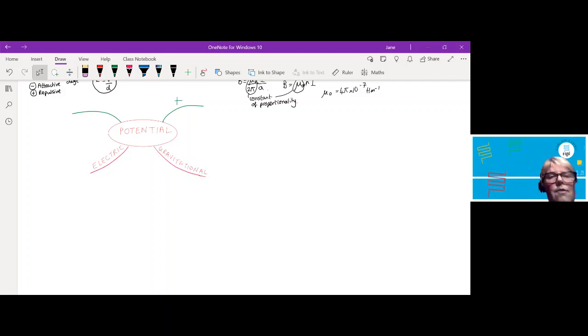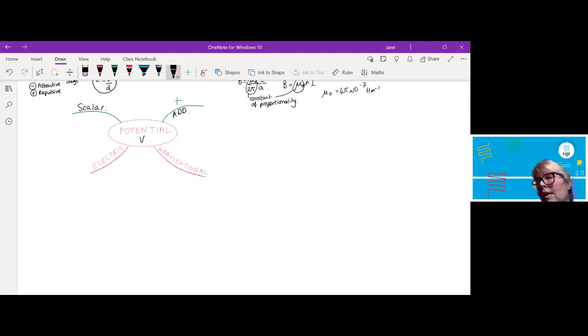Now potential is given by V. This is a lot easier than forces and fields because it is a scalar quantity, which means we can just add, and don't have to consider direction with this.